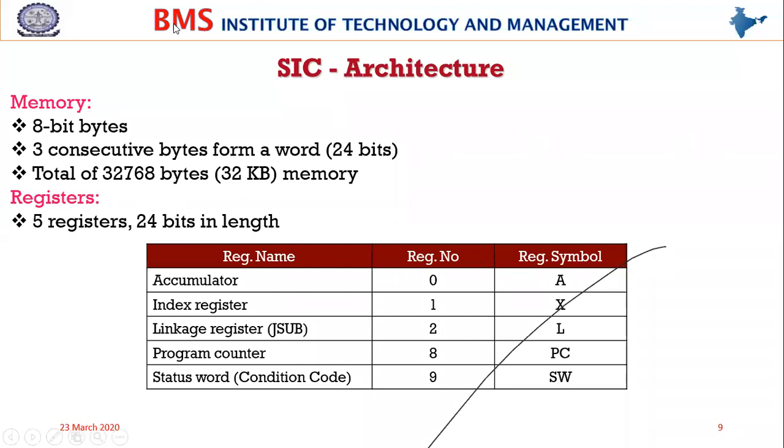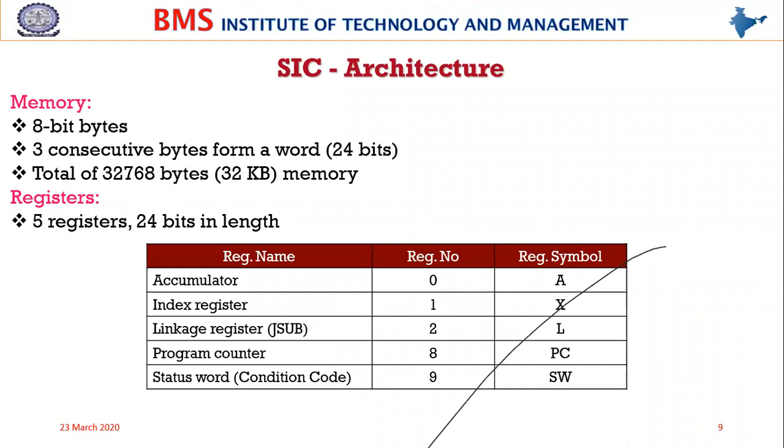The first register is called the accumulator, which is given the symbol A, and the register number is 0. The second register is called the index register, which is given the name X, and its number is 1.